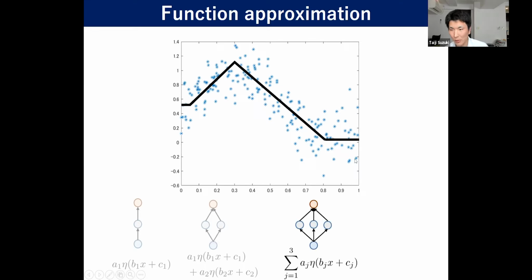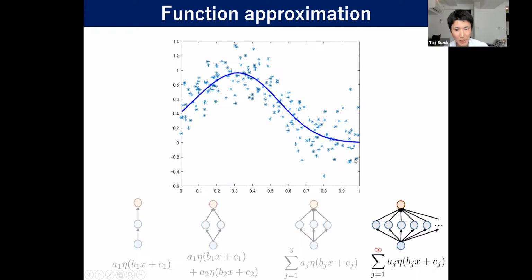This looks much better. By repeating this procedure many times, finally you get this kind of very smooth function. Although the ReLU activation function is not a smooth function, by taking a sum of many ReLU activation functions, we get a very smooth function. So eventually it can approximate this kind of smooth function.